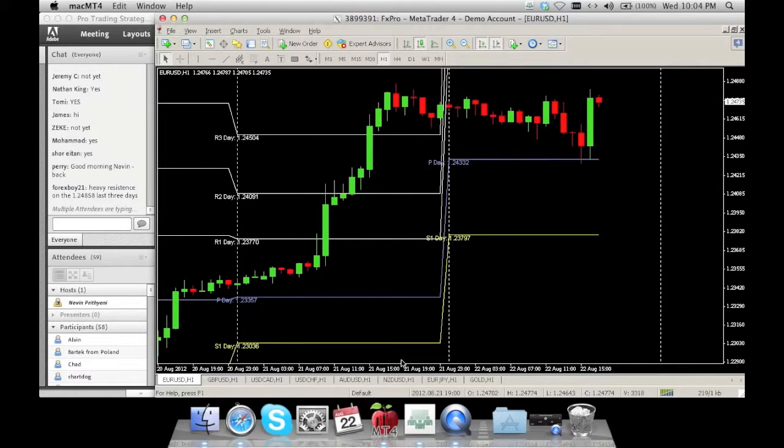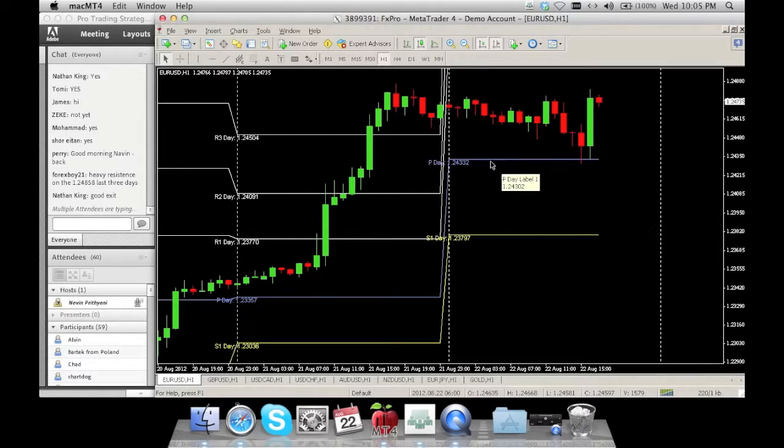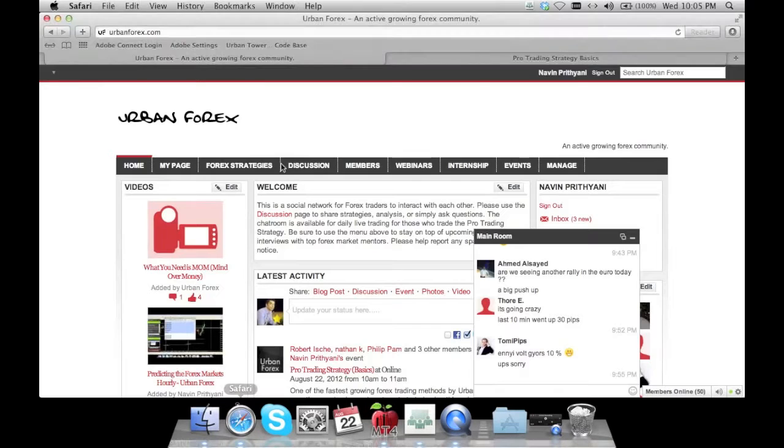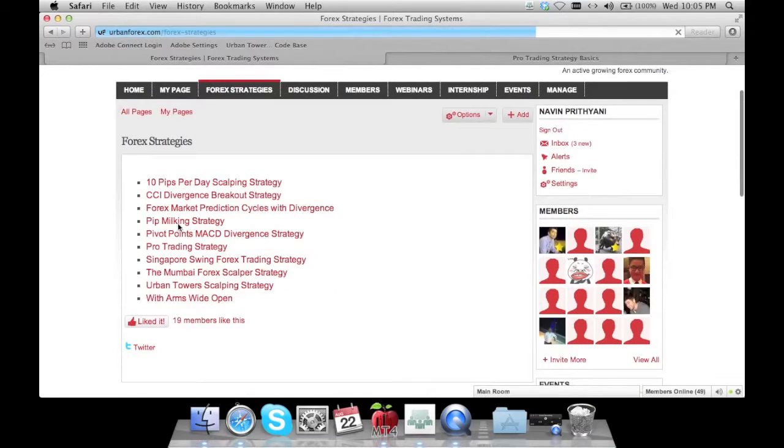Now, let me remove all the stuff out of my screen, and I'm plotting pivot points. For those of you who do not know where to get these pivot points, go to urbanforex.com. Let me show you here. When you go to urbanforex.com, you click on Forex Strategies. You go down to Pro Trading Strategy, you click on that.